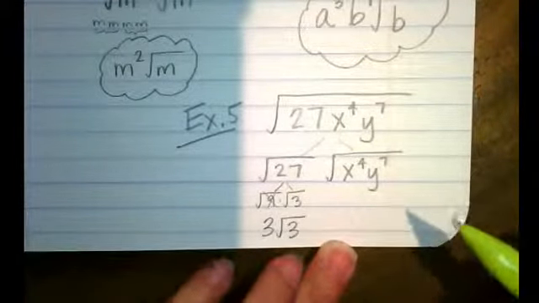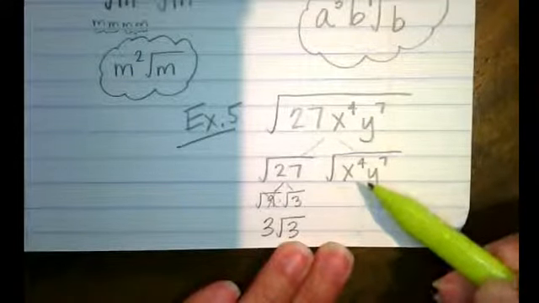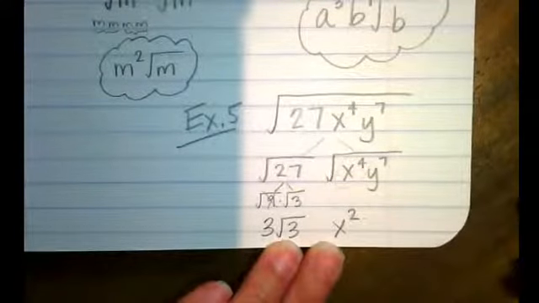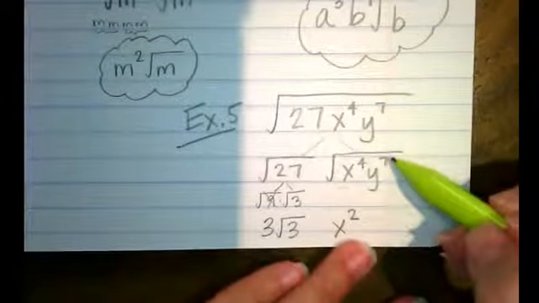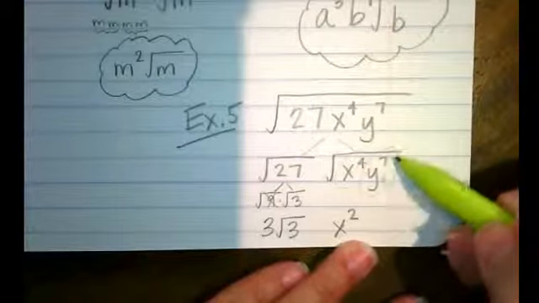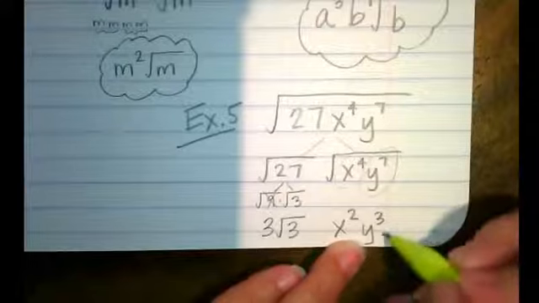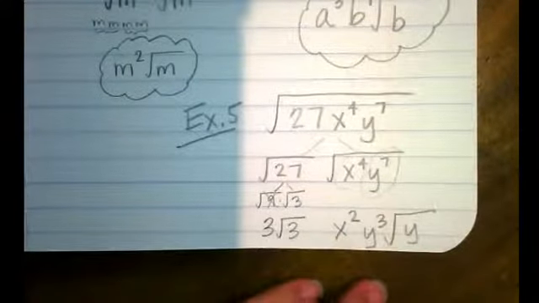Now I'm going to go over here and work on the variables. I can only take variables out in pairs. So if I have x to the 4th, I know that I have 2 pairs of x's, and there are no x's left over. So now I go to y to the 7th, and if I have 7 of them, I can take out 3 pairs, but I will have 1 y left over inside.